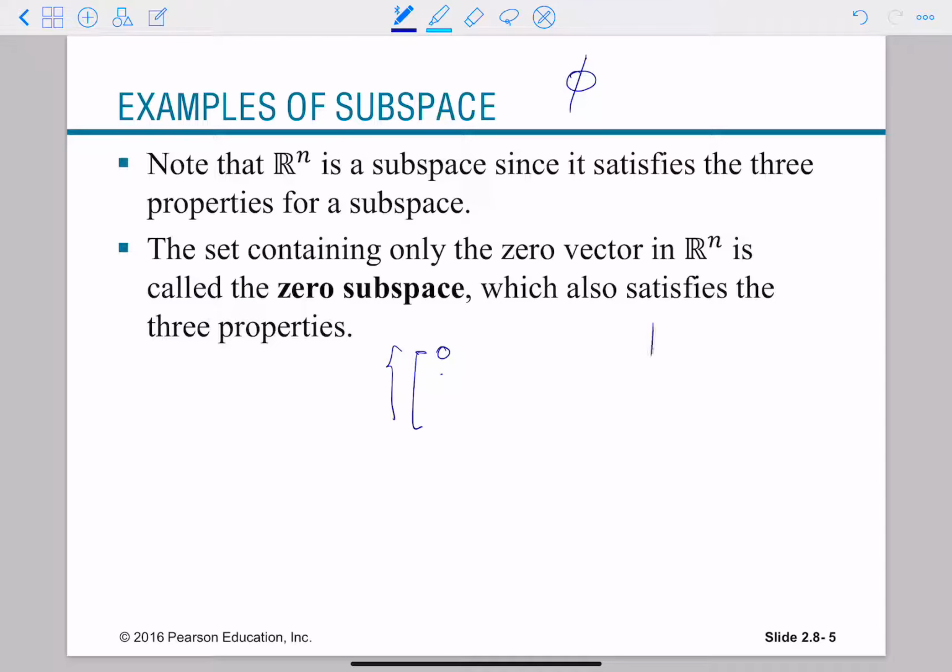So for example, in the case of R3, the vector set containing only the zero vector is a subspace. Okay, because we choose this one vector, and then freely generate any of the linear combination of it by changing the linear combination coefficient, and it will produce the zero vector, and so it is still closed under this linear combination. So this is called a zero subspace.